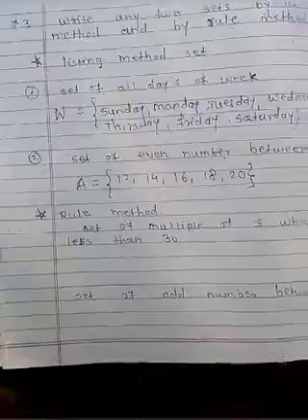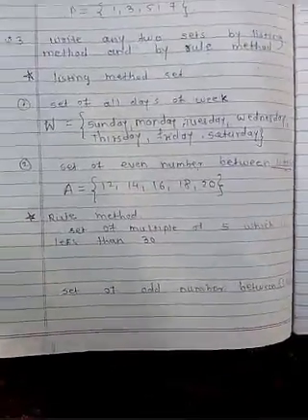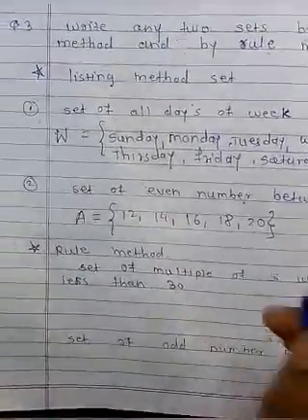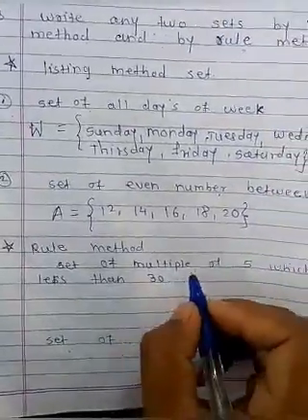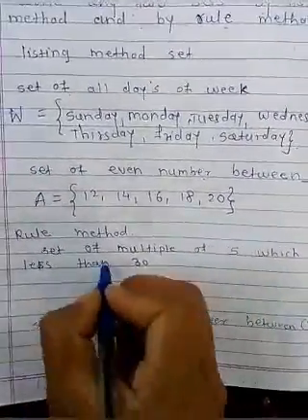Next, by the rule method, we have to write two sets by the rule method. Set of multiples of 5 which are less than 30.